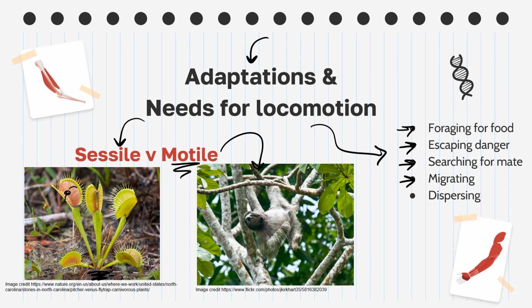Migration, whether it might be seasonal or related to looking for food, is a very important need for movement. And then dispersing. We don't necessarily want all of our babies to stay right under us all the time, so spreading out our species is an important need for locomotion.